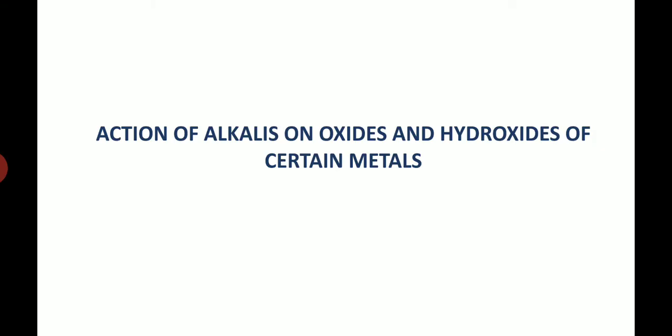Now we will move to the action of alkalis on oxides and hydroxides of certain metals. In this case, we will consider all these three metals, zinc, lead and aluminium. And we will see the reaction of these alkalis, sodium hydroxide and potassium hydroxide, but that too on oxides and hydroxides of these metals.